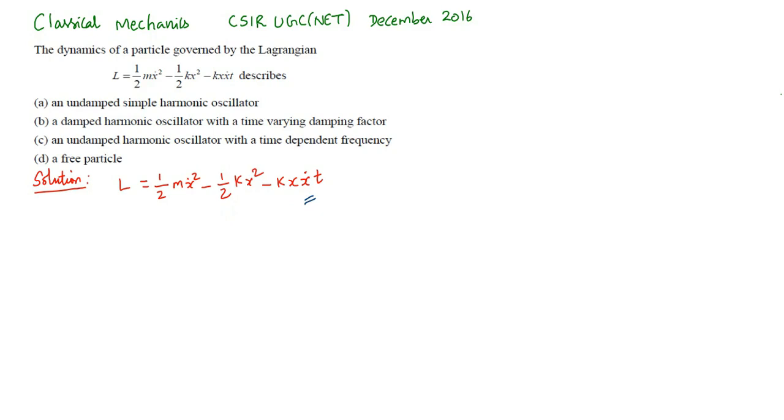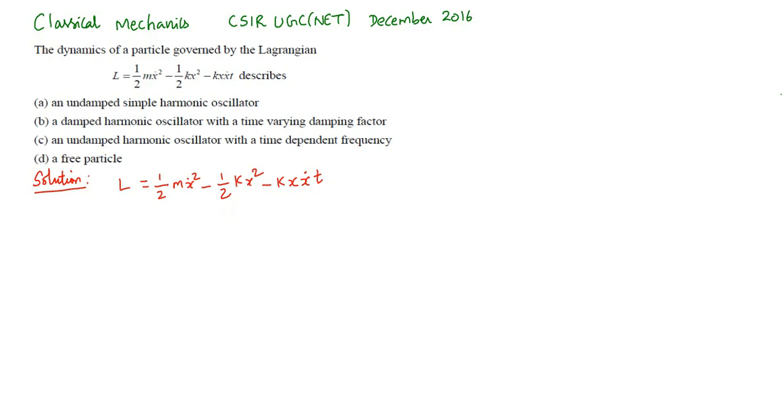The key point here is that by seeing the Lagrangian, please don't conclude what type of system it is; the dynamics is not described by the Lagrangian alone. So what we have to do is calculate the equation of motion that describes the dynamics of the system.